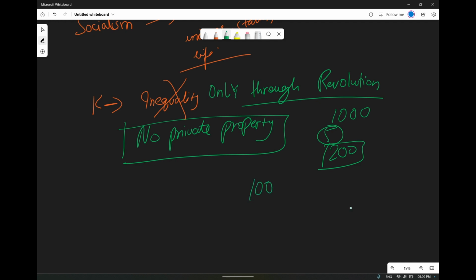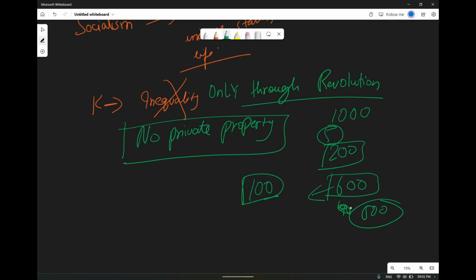Why is one getting 100 and the fifth person getting 600? Because he is the boss. What is he going to do with that extra 400, extra 500? It means we are giving the opportunity to increase inequality.